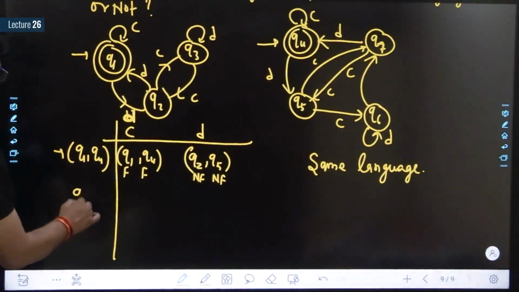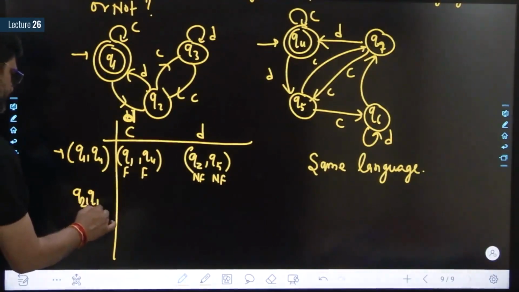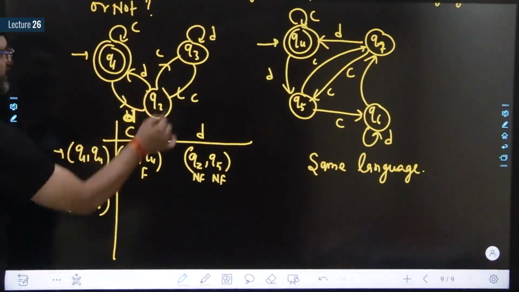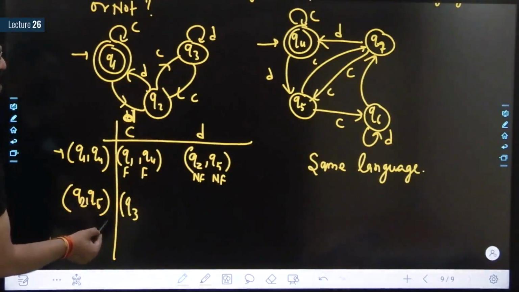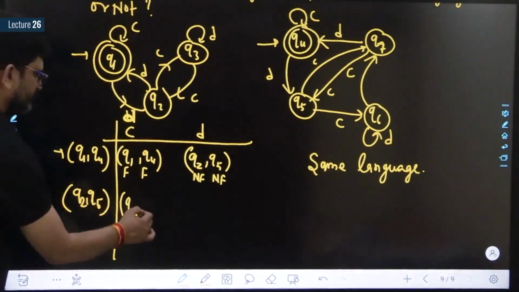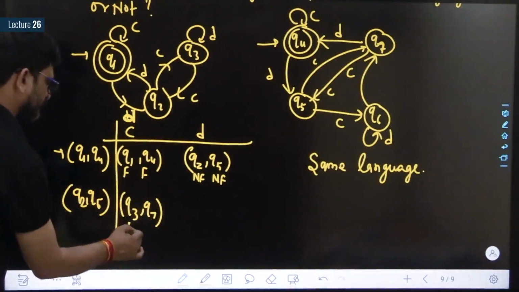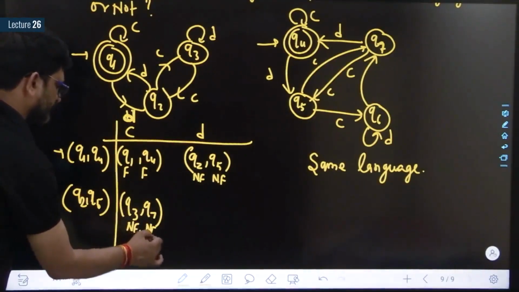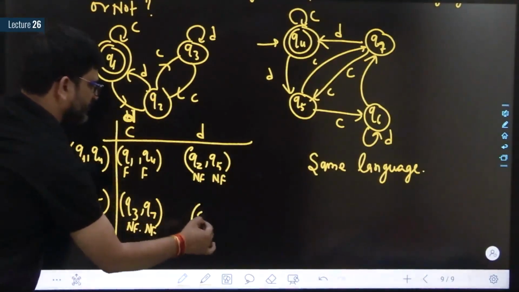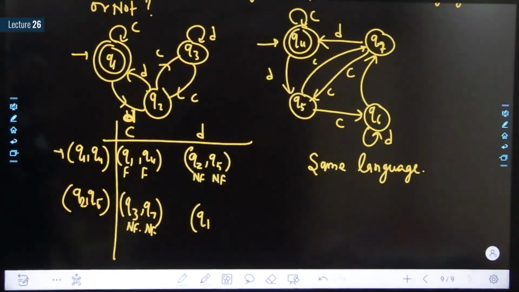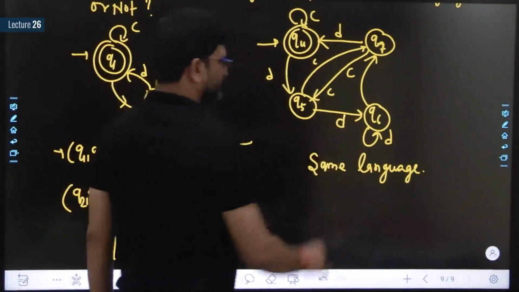Next pair, Q2, Q5. Q2 on C, Q3; Q5 on C, Q7. Non-final, non-final. Q2 on D, Q1; Q5 on D, I think there is a mistake in the transition.